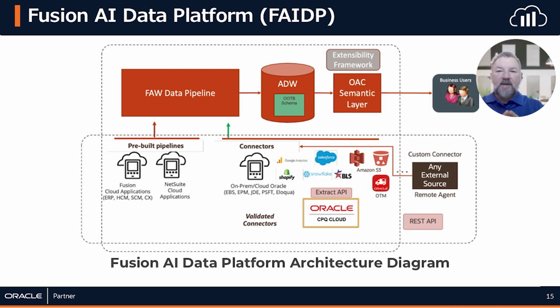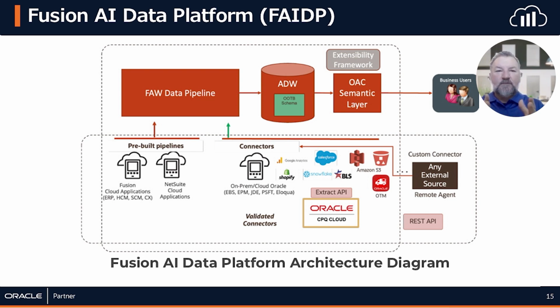This data pipeline is an extraction program that's pre-built for you. It's a packaged application that pulls the data directly from Fusion applications, brings it into the autonomous data warehouse, or what's now known as the autonomous AI data lake, and then makes it available once we make some transformations into the semantic layer in OAC, and ultimately to the end user in visualizations and dashboards and reports.